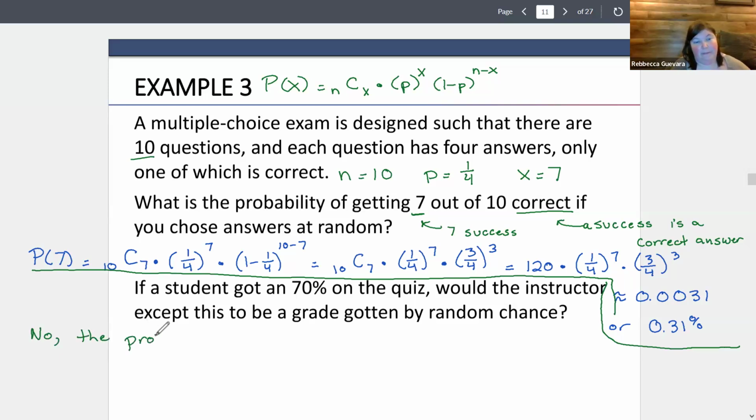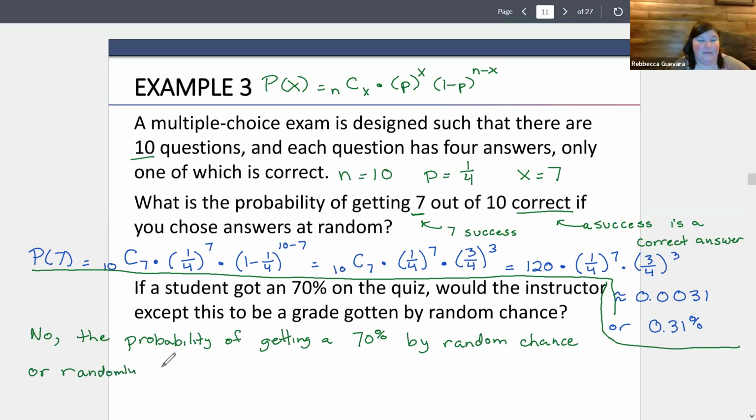The probability of getting a 70 by random chance, or randomly guessing, because that's also what we mean, is 0.0031 or 0.31%.